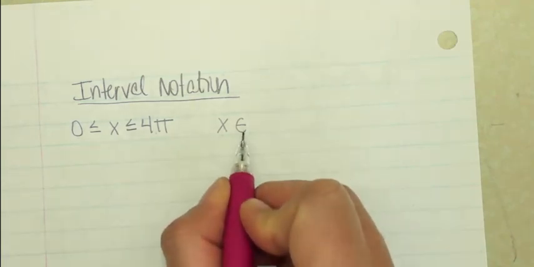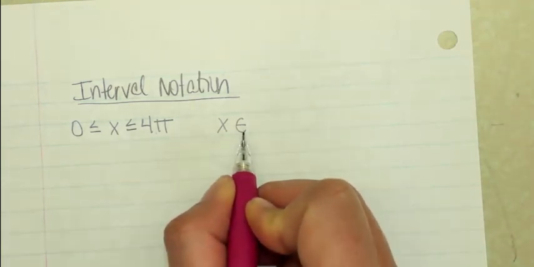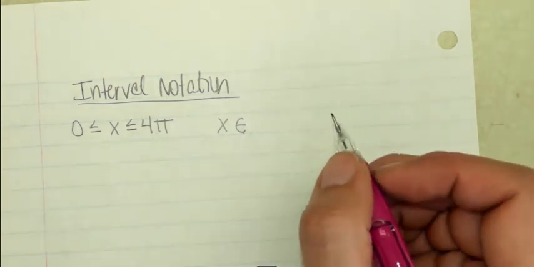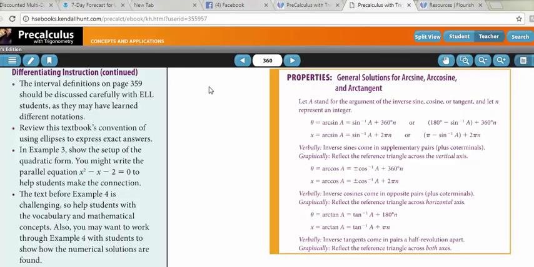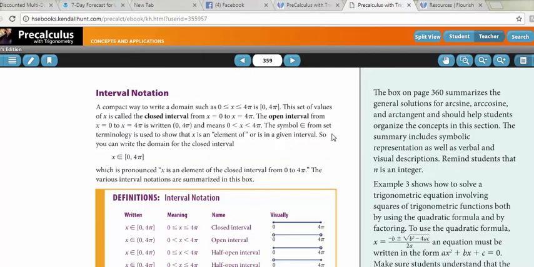This could stand for is within the set, is an element of, many of those things. I'm talking about page 359. If you look on page 359 in your textbook, I'm going to go over something like this, where we talk about a closed interval and an open interval.